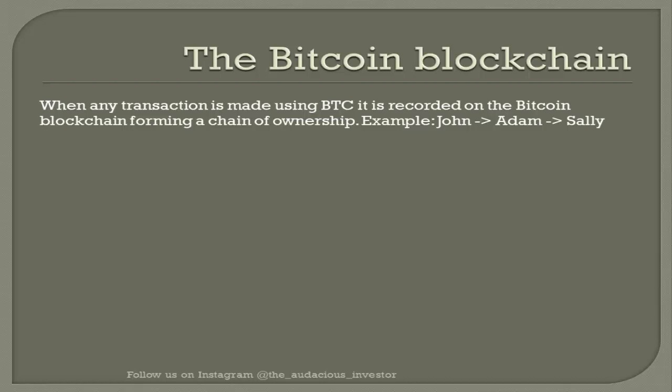So John's address is linked to sending payment to Adam's address, and Adam's address is linked to sending payment to Sally's address. So you can see and follow the chain of ownership up until the very beginning as to where those bitcoins originally came from.